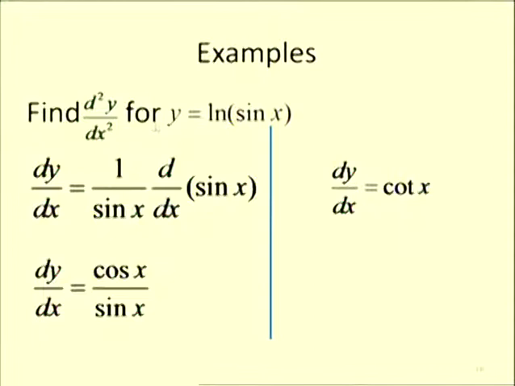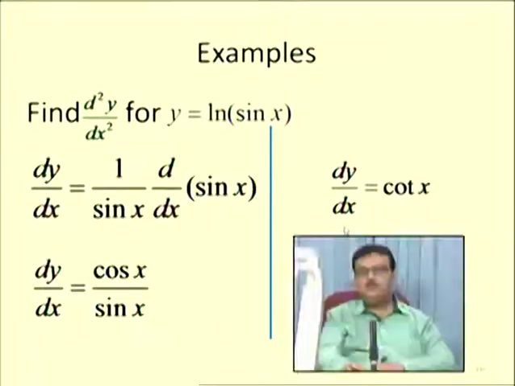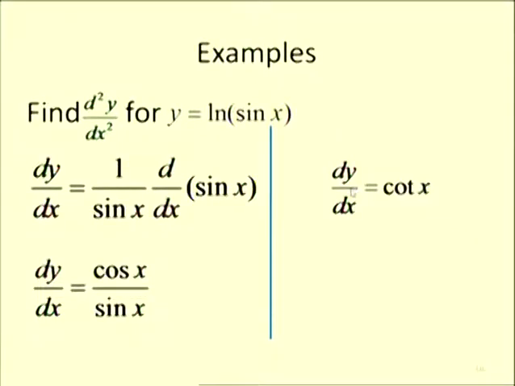Now we need the second order derivative. So what we do here is differentiate this dy by dx, that is cot x, once again with respect to x. That will give us the second order derivative of y with respect to x. So d2y by dx2, the second order derivative of y with respect to x, is the derivative of dy by dx, that is cot x, with respect to x, and the derivative of cot x is minus cosec square x.